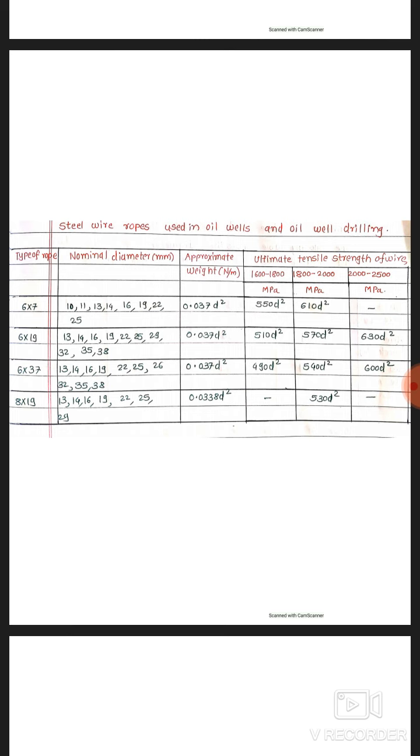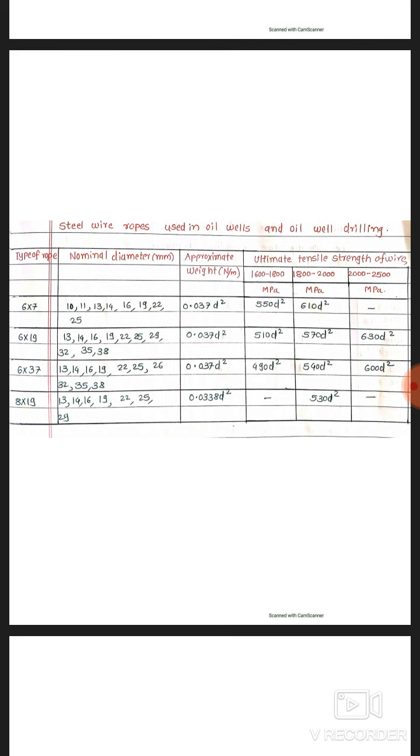The ultimate tensile strength of wire in the range of 1600 to 1800, this is the stress value, is 550 d square. For 1800 to 2000 MPa, tensile strength is 610 into d square. For the next type of rope, that is 6 by 19, the nominal diameter is 13, 14, 16, 19, 22, 25, 29, 32, 35 and 38.